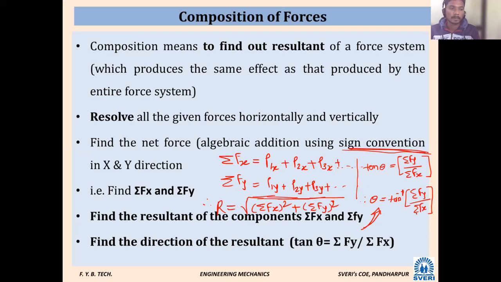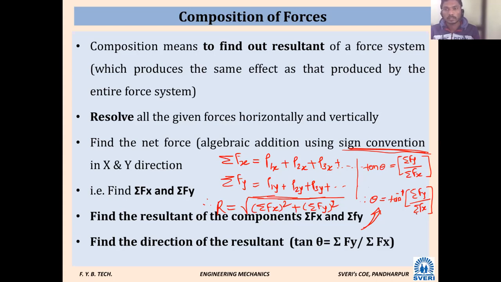Resolve all the given forces. In what direction? Horizontally and vertically. Then what do we do next after resolution? Algebraic addition using sign convention, x and y added separately.